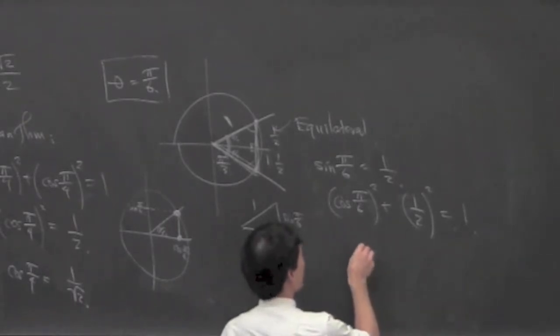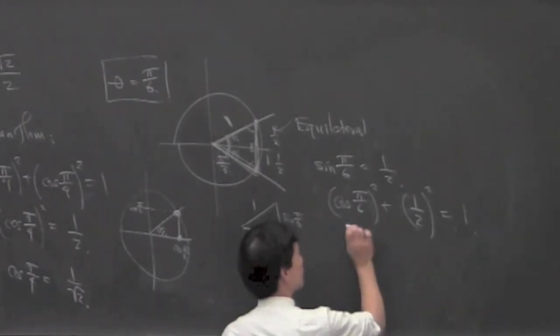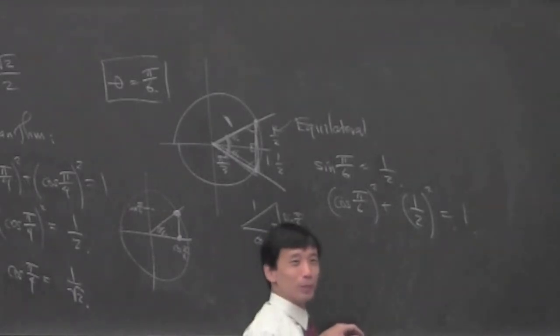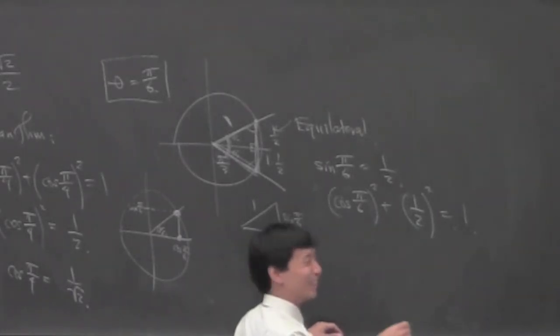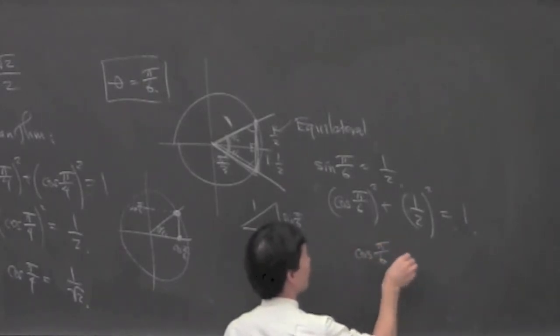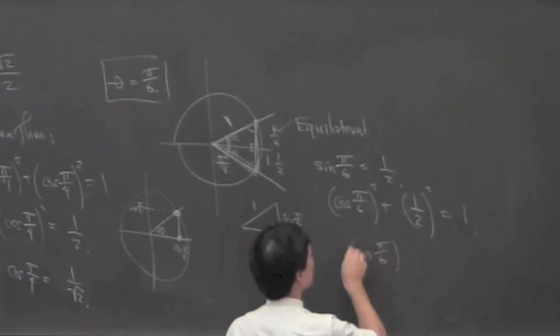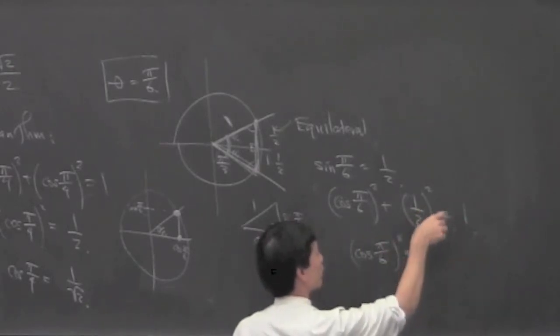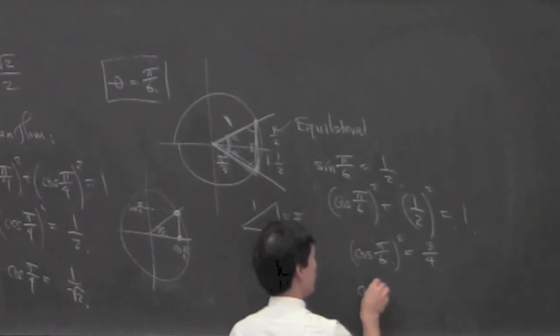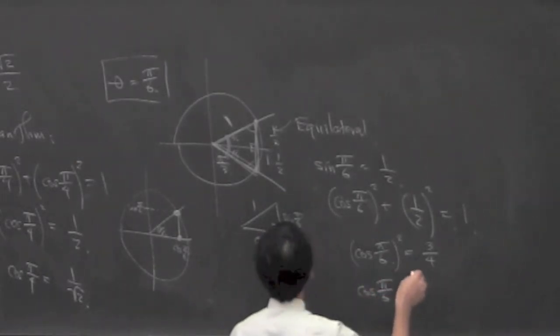Okay. So what does it turn out to be then? Can anyone just do it in their head? Radical 3 over 2. Right, so you work it out. Cosine squared is equal to 1 minus a quarter, that's 3 quarters. So cosine pi over 6 is plus or minus the square root of that.